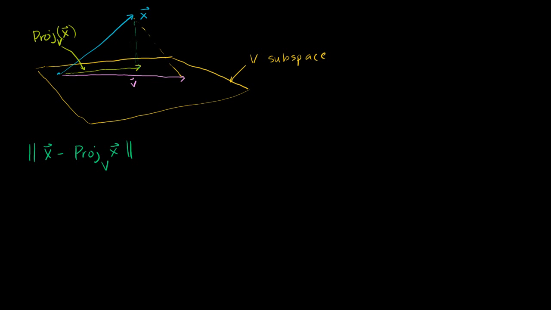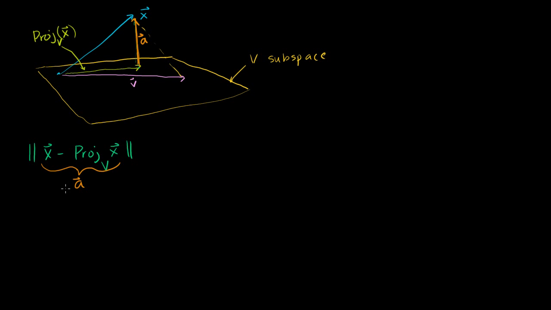And actually, let me call this vector, x minus the projection of x onto V, that's going to be this vector right there. Let me do it in a different color. Don't want to reuse colors too often. We could call that vector A. It's clearly in the orthogonal complement of V because it's orthogonal to this guy. I mean, that's the definition of a projection, actually. So this is equal to A.